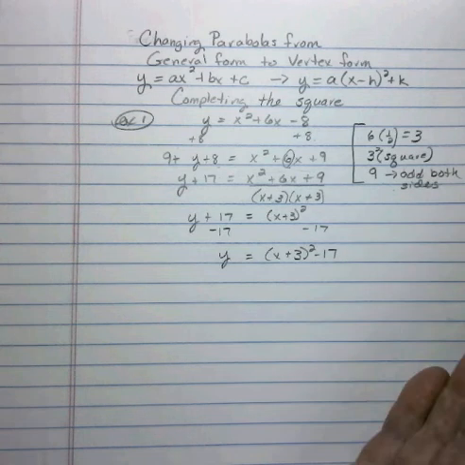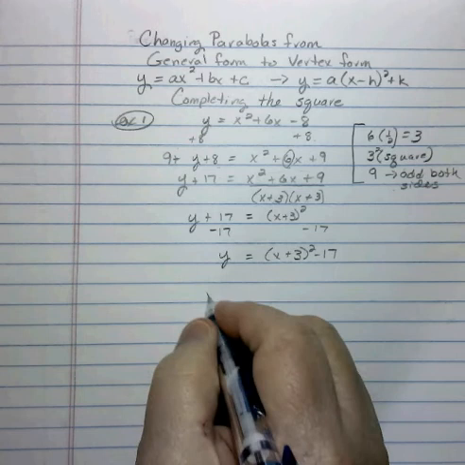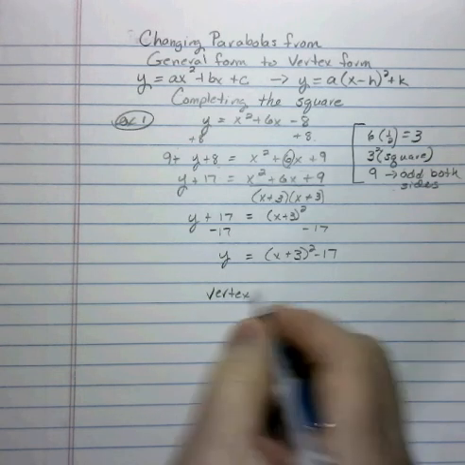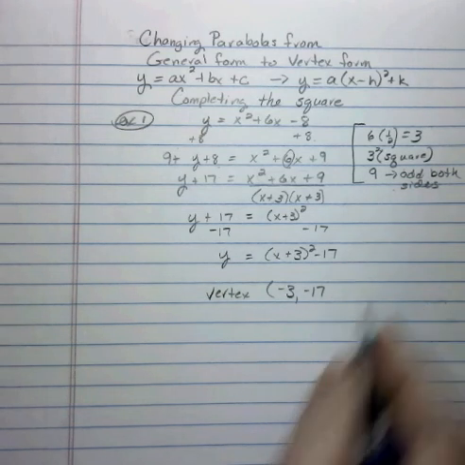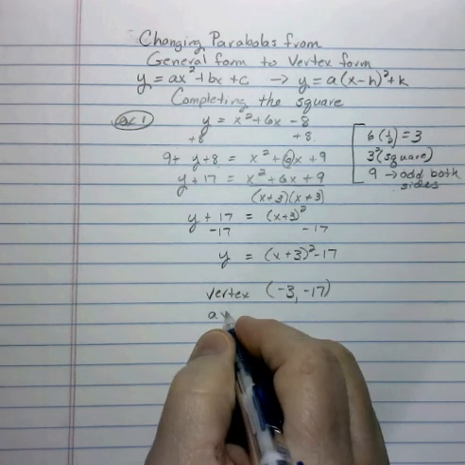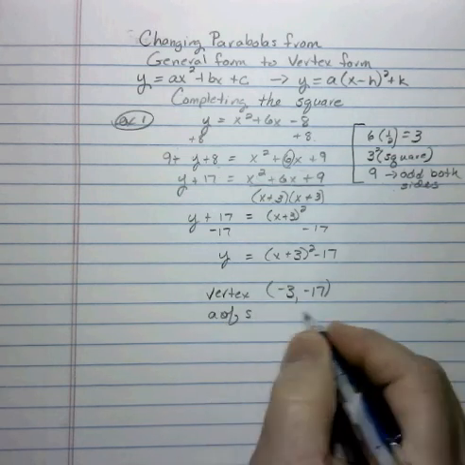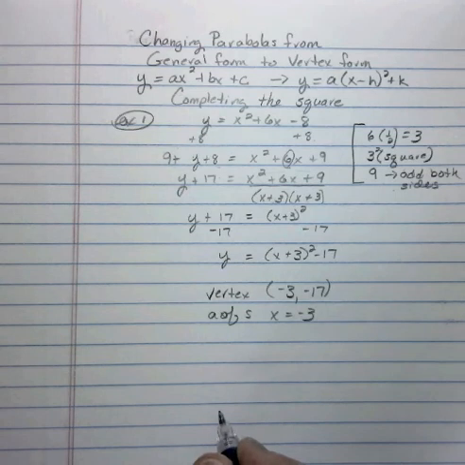So all the things that we could identify previously from vertex form. Our vertex is at the location -3, negative 17. This means that our axis of symmetry is at the location x equals negative 3.